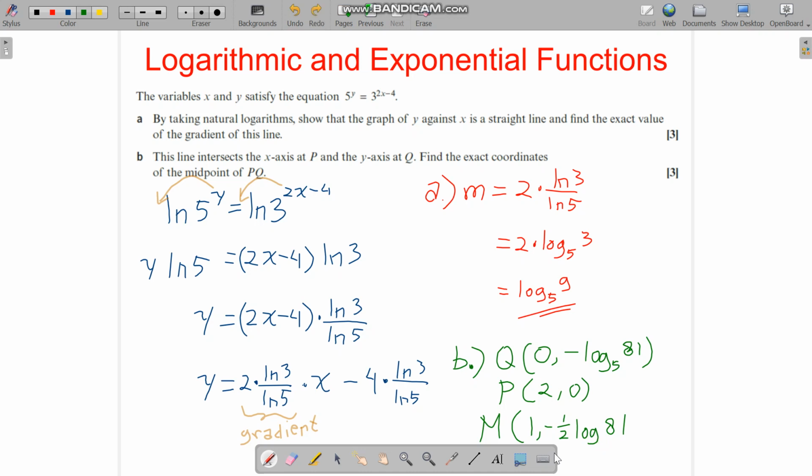That's also equal to, since 81 to the power of minus 1/2 is 1 over 9, log 1 over 9 base 5, also possible. Or you can also say minus log 9 base 5, or log 9 base 1 over 5, also possible. So I'm just going to use minus log 9 base 5.